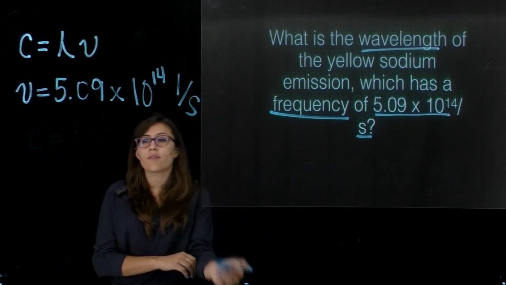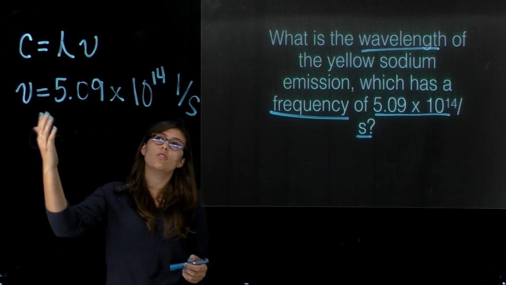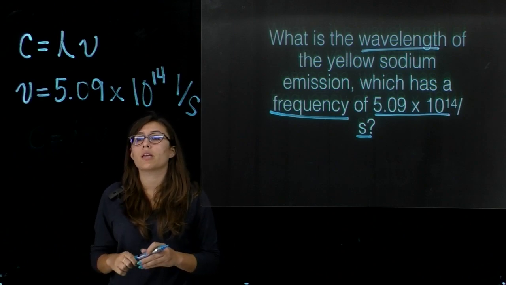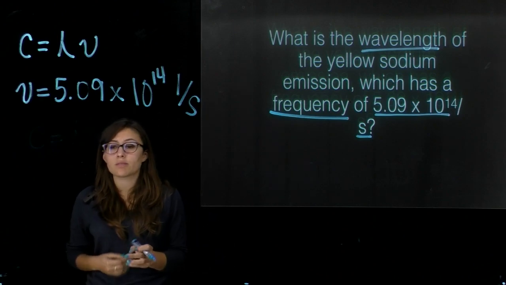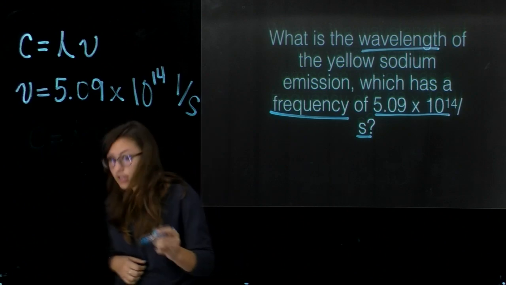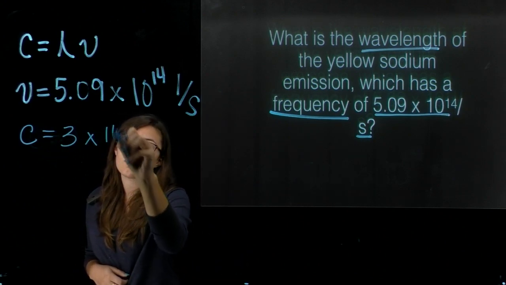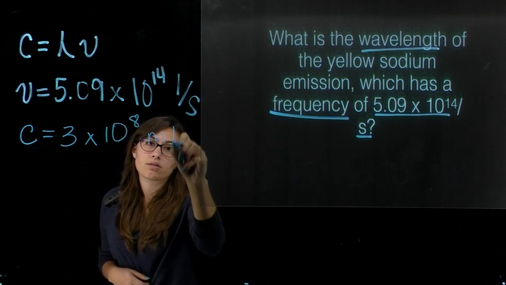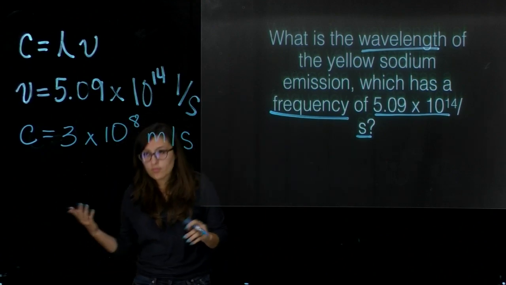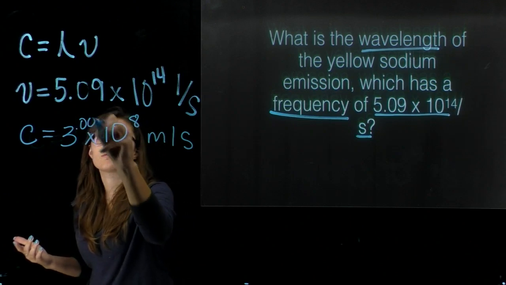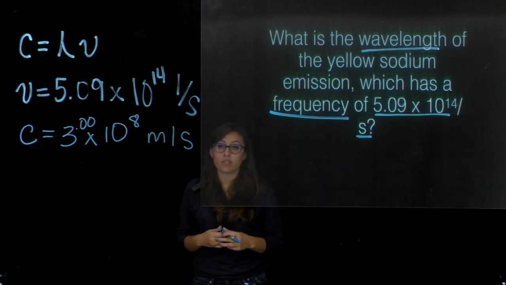Okay, so once we've identified the components that they've given us, we can use the following equation and we can manipulate it because we know what the speed of light constant is. We know c is equal to 3 times 10 to the 8th meters per second. So 3.00 times 10 to the 8th meters per second.